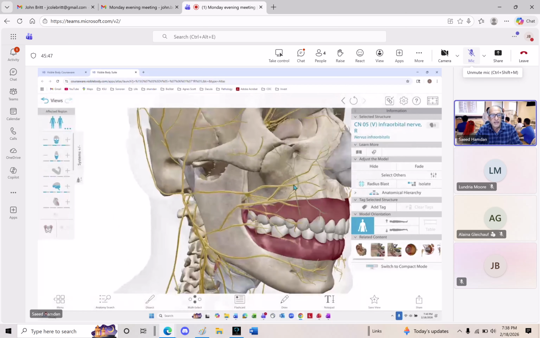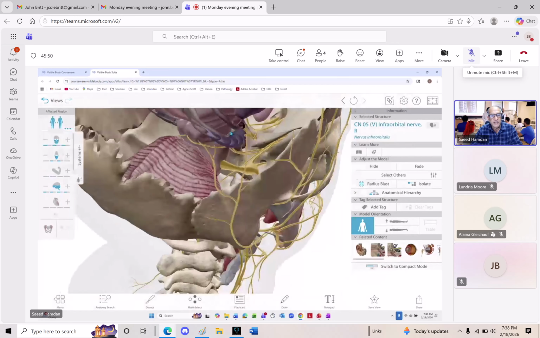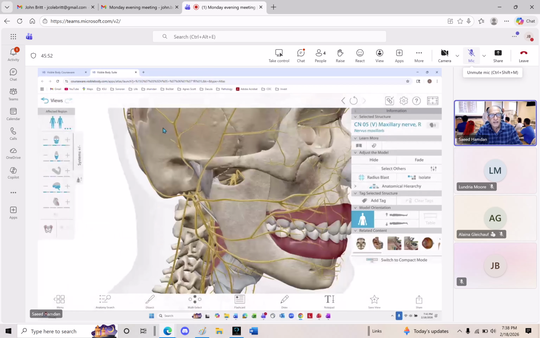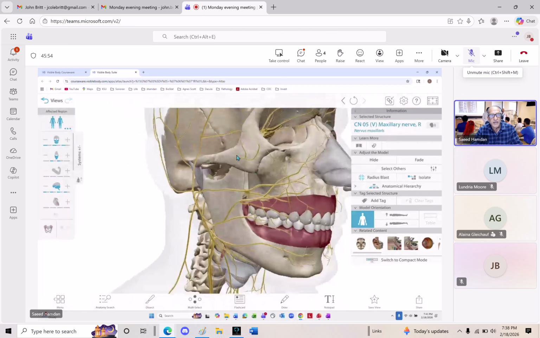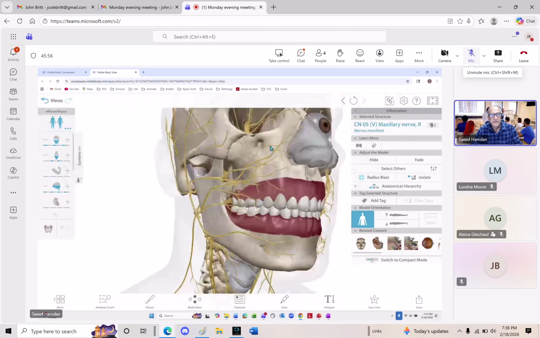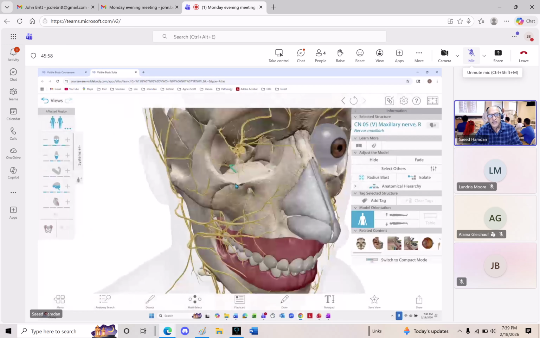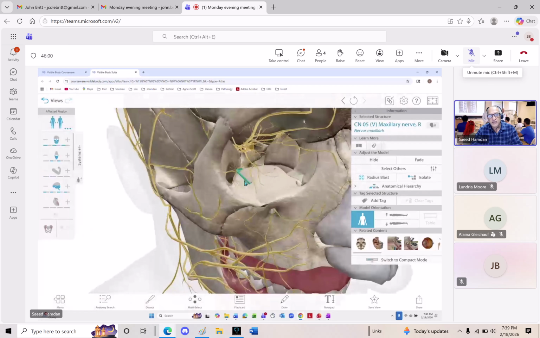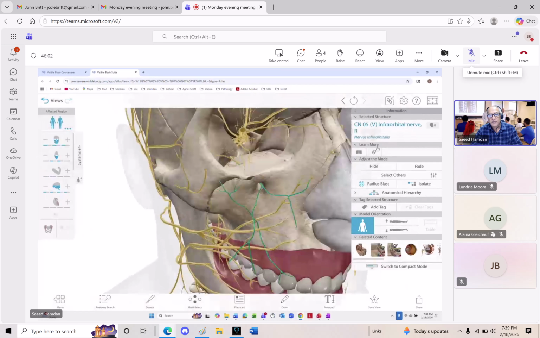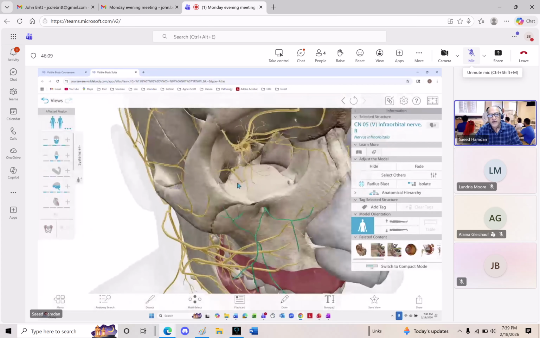So basically, it starts here as the maxillary when you highlight it, and it comes out through this. It gives you lots of branches. This is the same one, but eventually it's going to exit here. But when it exits, it becomes infraorbital. Even in the socket, you can identify it right there.